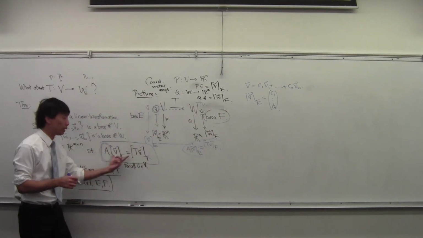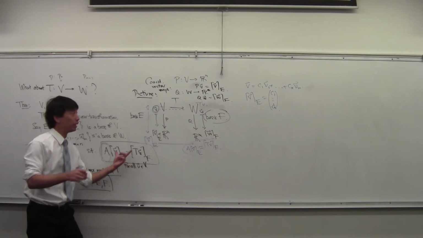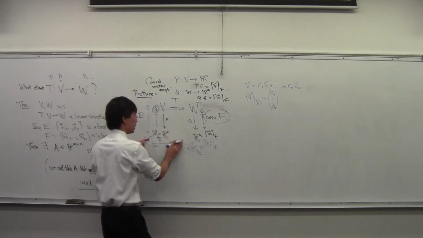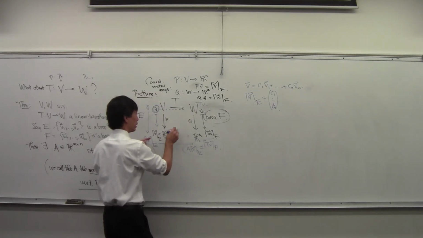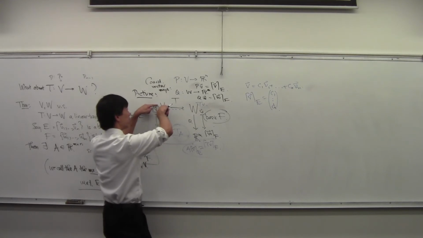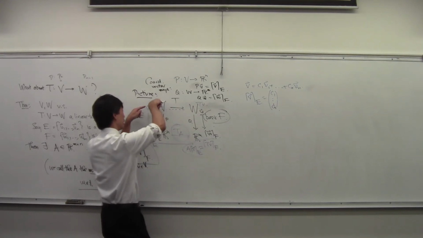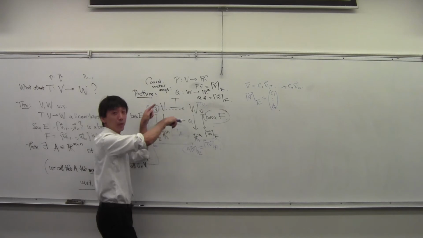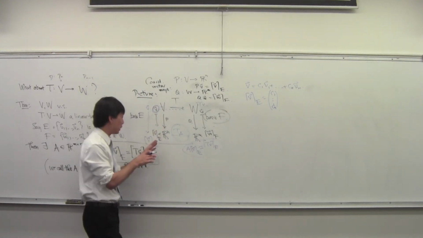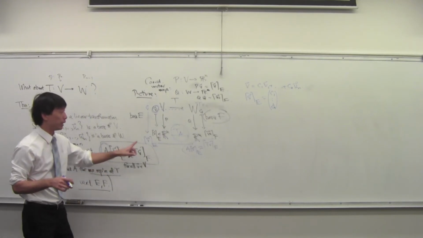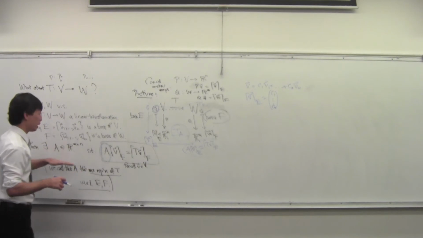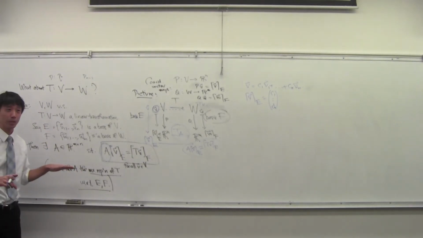So what this equality is saying is that there exists a matrix A so that if you start here and go across and down, or if you start here and go down and across, you can always get the same answer. That's what this matrix does, and that's the thing we call the matrix representation.